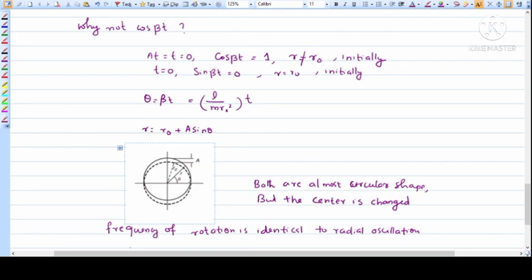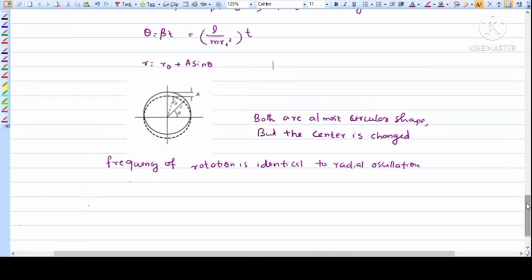It is maximum at 90 degrees and also at 270 degrees in the negative direction. So this is the perturbed orbit when we consider that the engine of the satellite is fired, and the new orbit is like the original orbit, but the center is changed.